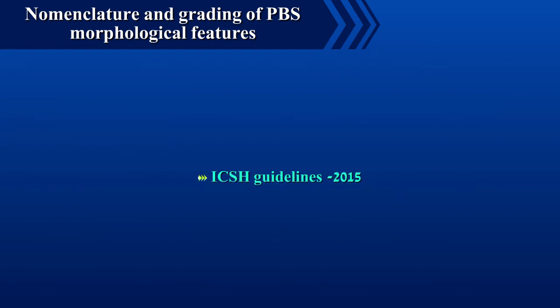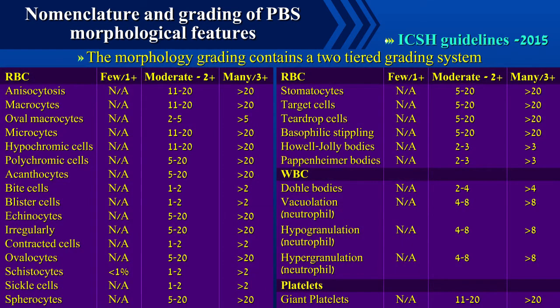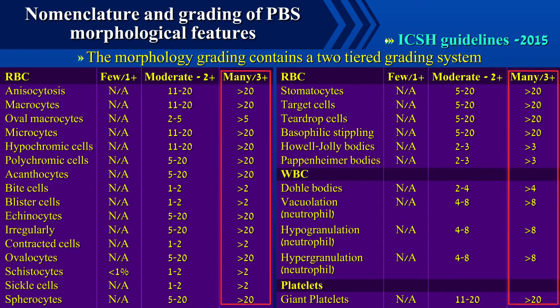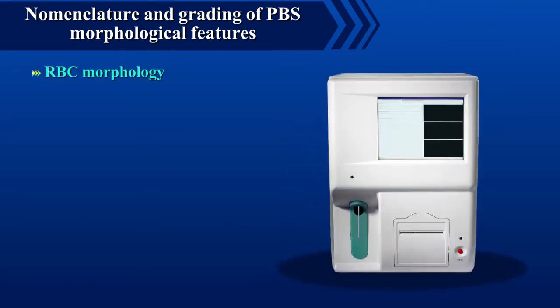According to the latest guidelines given by ICSH in 2015, the morphology grading contains a two-tiered grading system for moderate as 2+ and for many as 3+. The designation for few or rare as 1+ is reserved only for cystocytes, as the observation even in small numbers is clinically significant. First, we will start with RBC morphology.